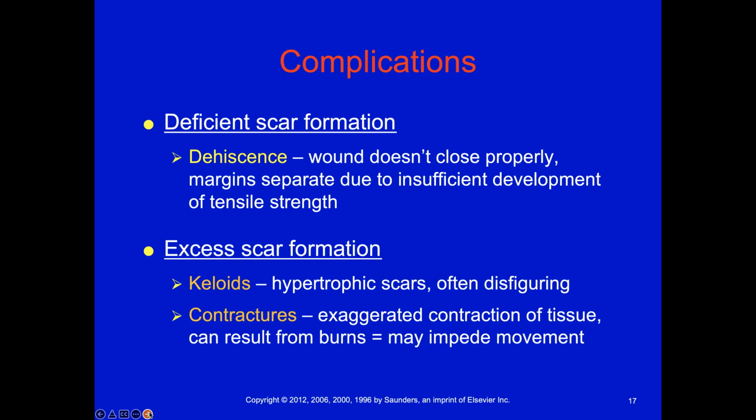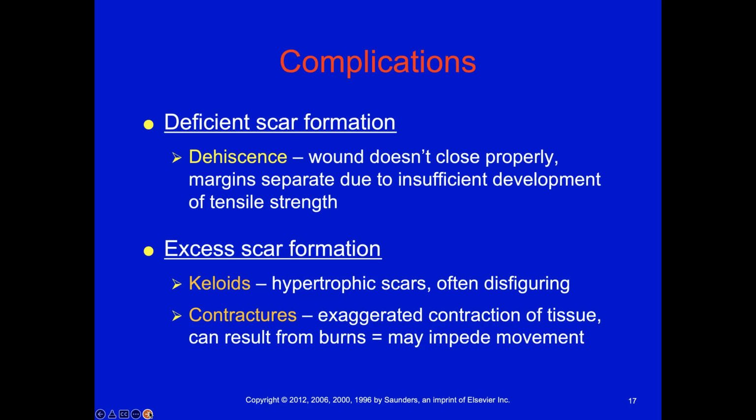In contrast to that, we have excess scar formation. Not that uncommon is when we have keloids form. And keloids are situations where we have excess scar tissue, and some people are just really prone to it. I know I've had some, fortunately nothing on my face that would be disfiguring, but they can be just because of what they look like.